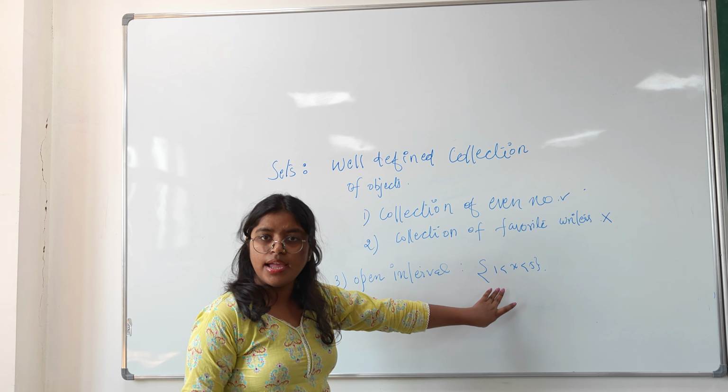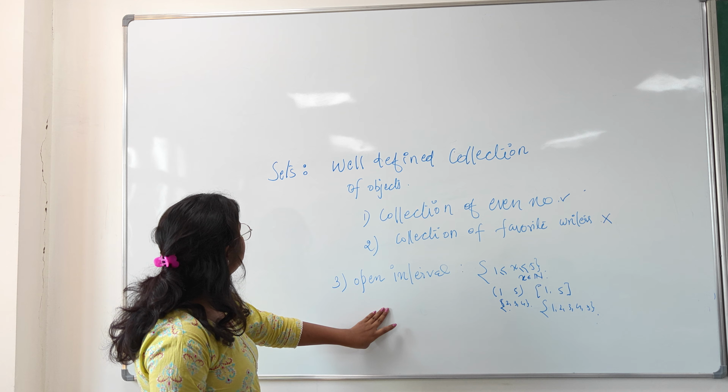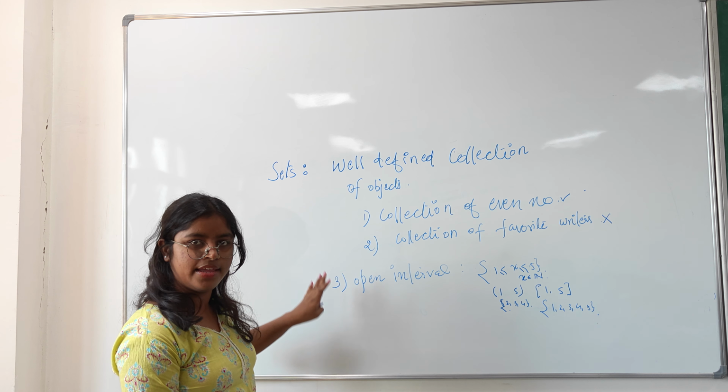This will be our set. If you give the equal to sign, then it will be a closed interval, something like 1 to 5, and the elements will be 1, 2, 3, 4, 5. So that is the condition where we can represent sets like this.